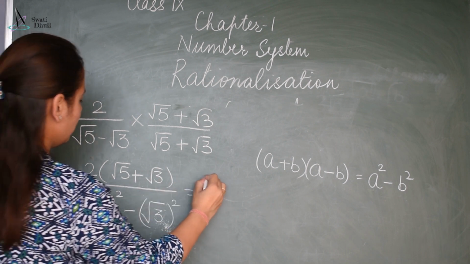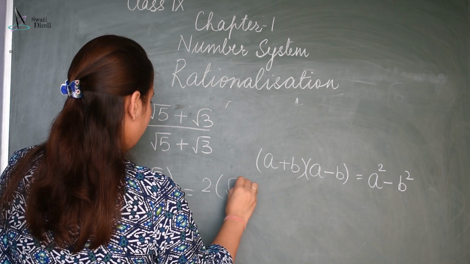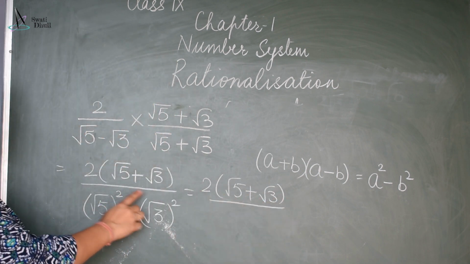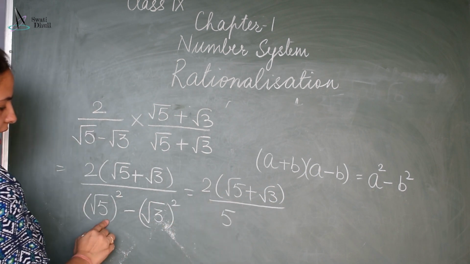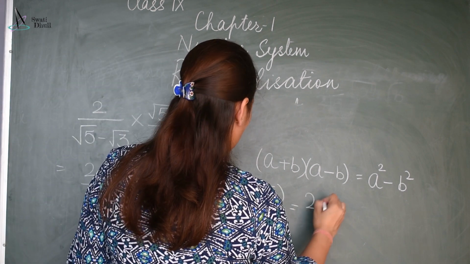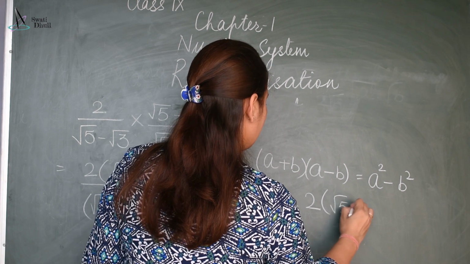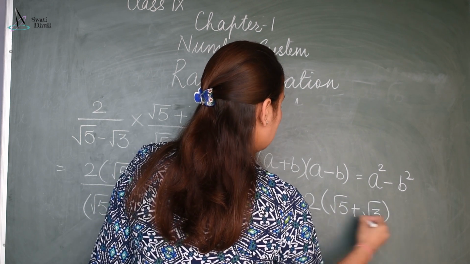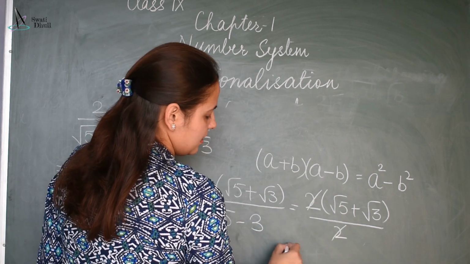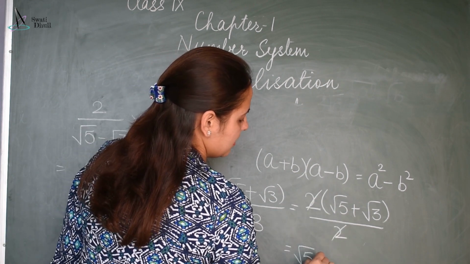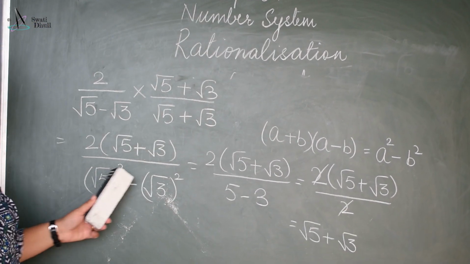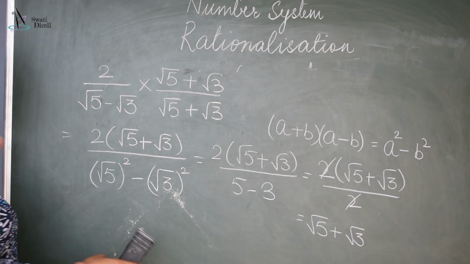This is equal to 2 into root 5 plus root 3 divided by root 5 whole square is 5 and root 3 whole square is 3. So it will become 2 into root 5 plus root 3 divided by 5 minus 3 is 2, and this will be cancelled out. So you will get the answer as root 5 plus root 3. This is how we rationalize the denominators.